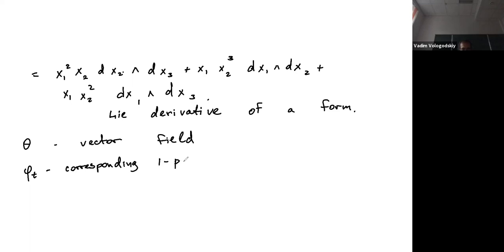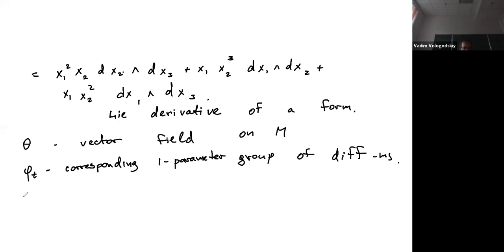In the case when M is compact, phi sub t is a globally defined diffeomorphism from M to M, and it has the property that phi sub t plus t prime is equal to the composition of phi of t and phi of t prime.